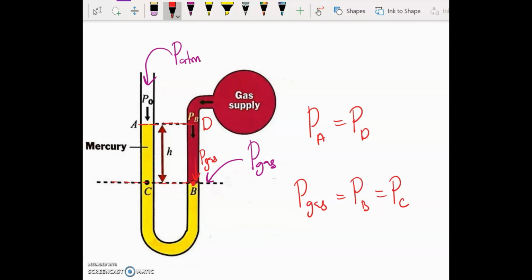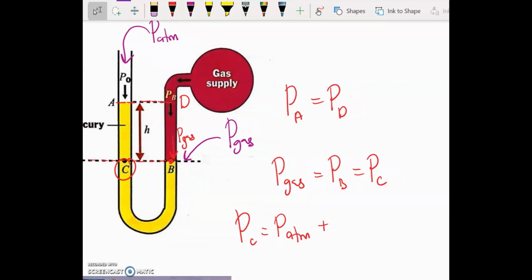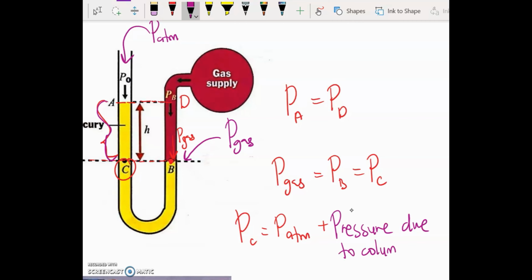Okay, so at C here, C experiences pressure from the atmosphere, which is P atm, plus the pressure due to the weight of the column above it. Okay, so the column above C gives pressure due to column.